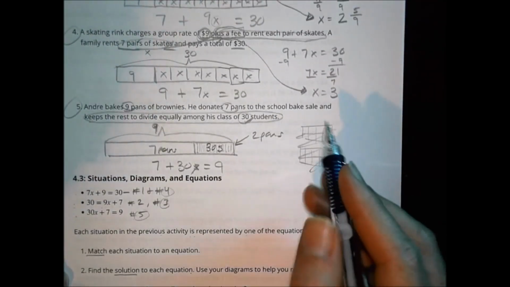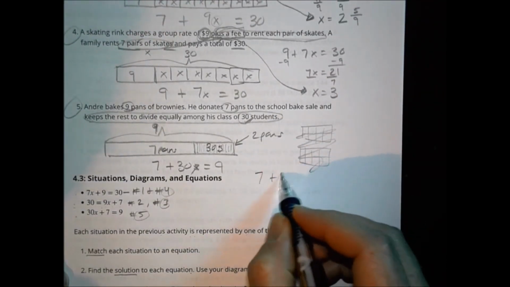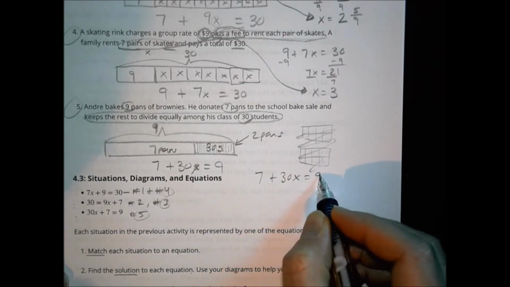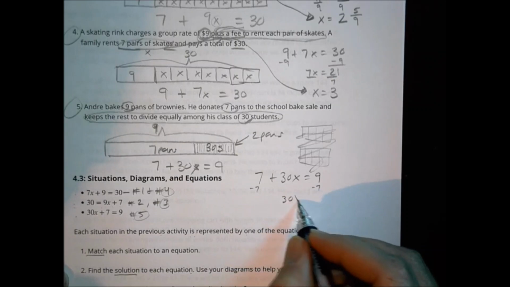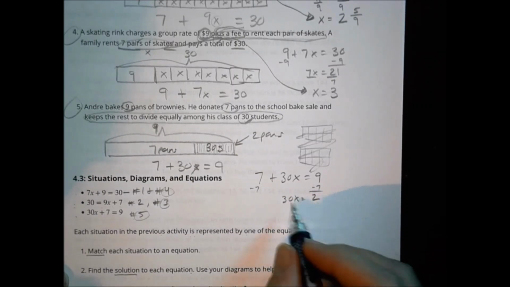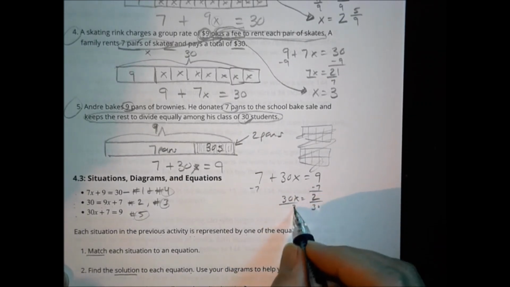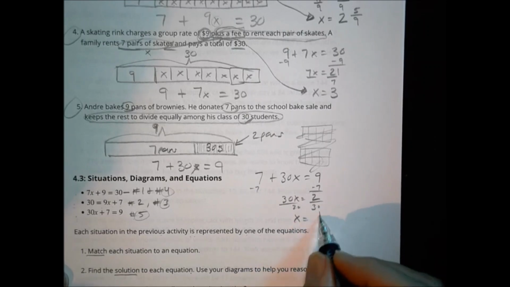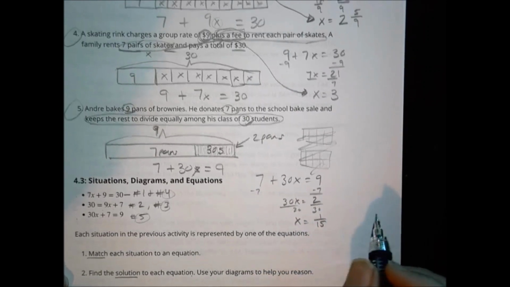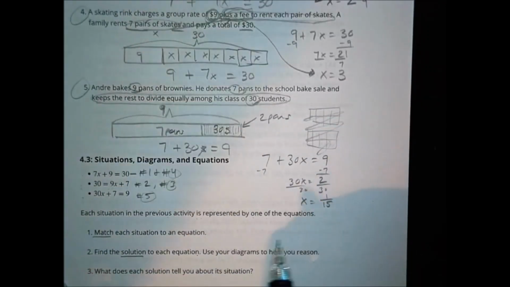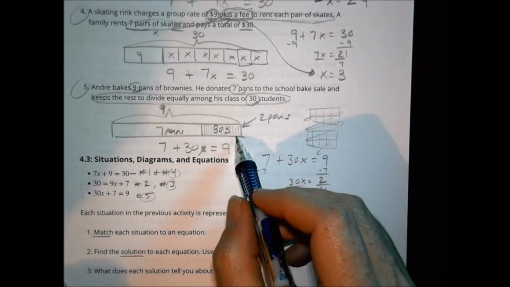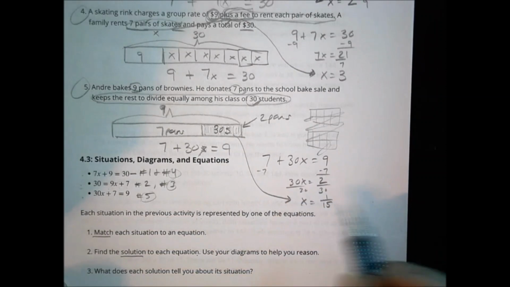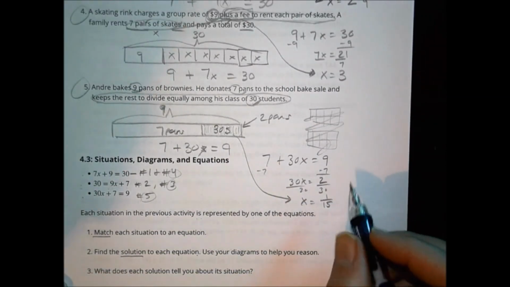And then finally on number 5, we have 7 plus 30x equals 9. And so we'll subtract 7, 30x equals 2, divide by 30 on both sides, so that x equals 1 over 15. So if I had those itsy bitsy little squares there, what that would tell me is that each person gets 1/15 of the 2 pans that are left.